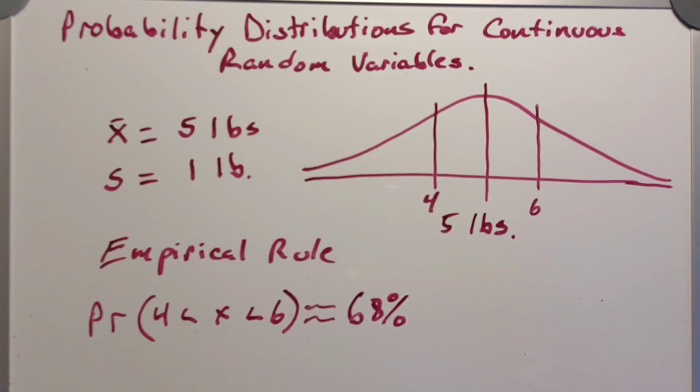So that would be our answer. The probability that we would randomly select a birth that resulted in an animal between 4 and 6 pounds would be 68%.